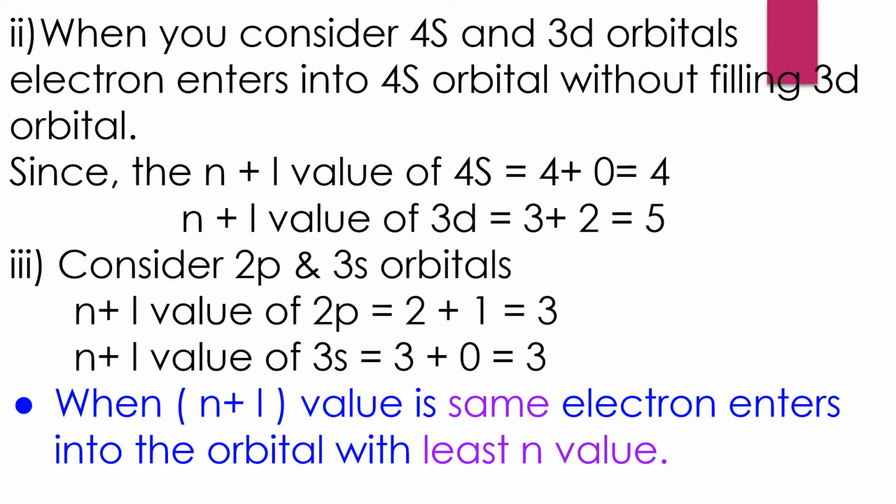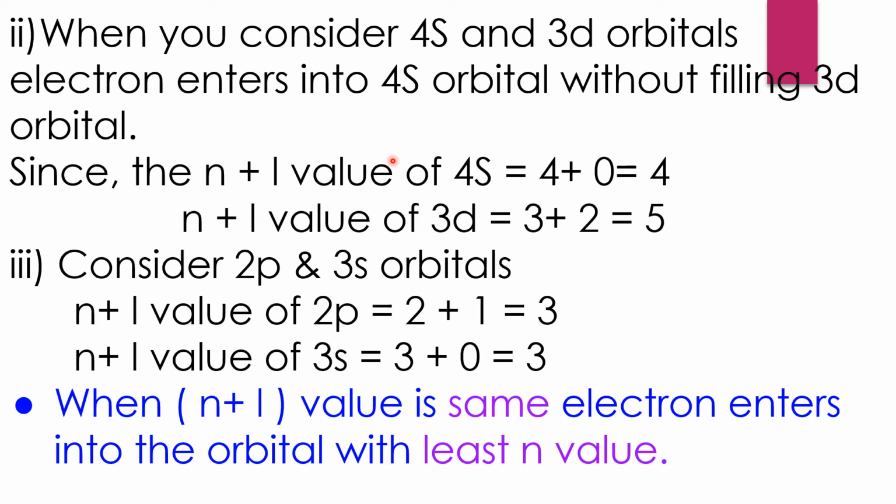And then another rule. When you consider the 4s and 3d orbitals, electrons enter the 4s orbital without filling the 3d orbital. You have learned that electrons enter in the pattern of energy levels, that is first 1, 2, then 3, then 4.